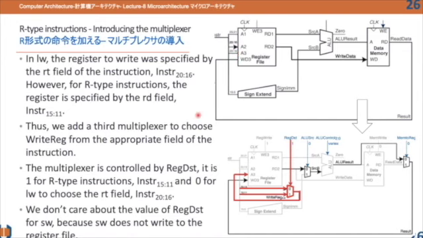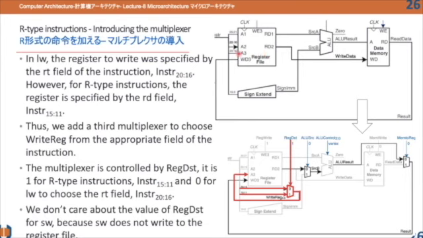But the problem is in your register type instruction, the destination register is set to 15 to 11. That means you need to write the value of the ALU result in a register whose address is defined in the 15 to 11 bit sequence in the instruction.